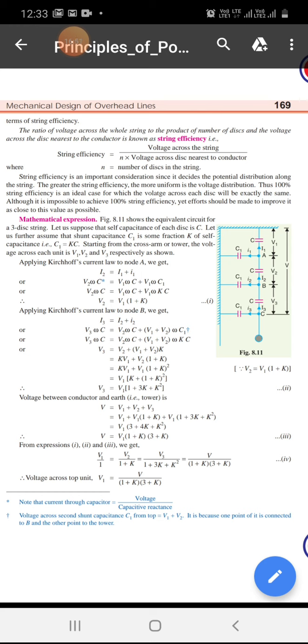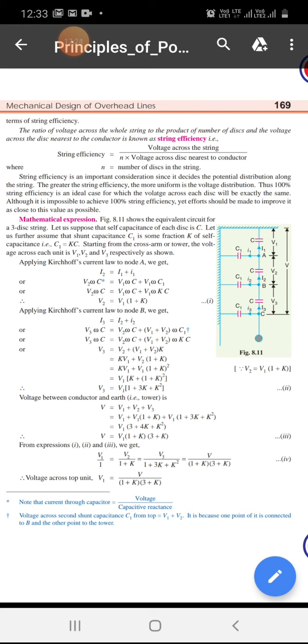Then applying Kirchhoff's current law to node B, we get I3 is equal to I2 plus small i2. So V3 omega C is equal to V2 omega C plus (V1 plus V2) omega C1, that is V2 omega C plus (V1 plus V2) omega Kc.